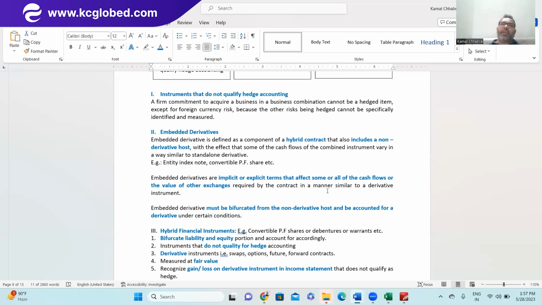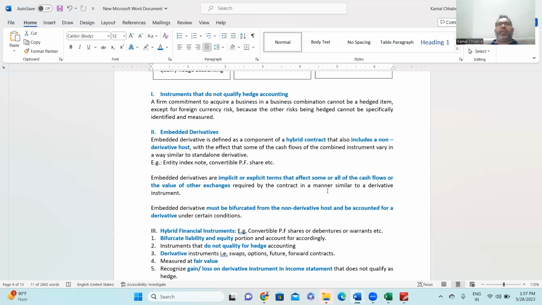For example, you have taken a debenture at 10% interest for 5 years, and after 5 years it will be convertible into equity at that date, whatever the equity price is. So for the initial 5 years it is an instrument, correct. But after 5 years it will change. So it has embedded terms and conditions, which result in a change from a normal loan agreement to a derivative instrument. Okay.